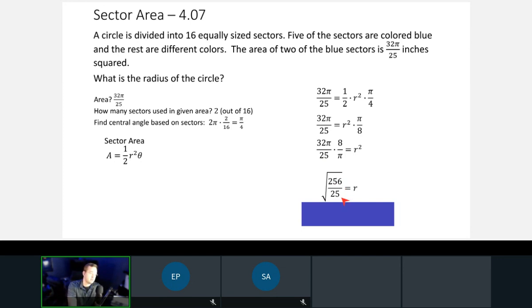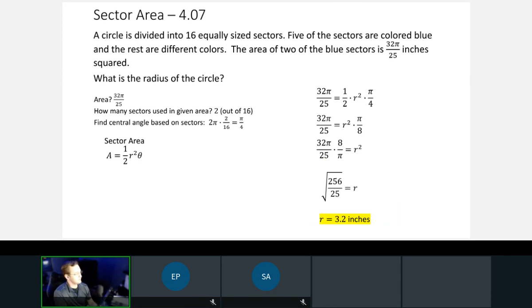I didn't say how to give the answer, so let's just round. But no rounding needed, because the square root of 256 over 25 gives us exactly 3.2. And it's a radius, so it's 3.2 inches. The end.